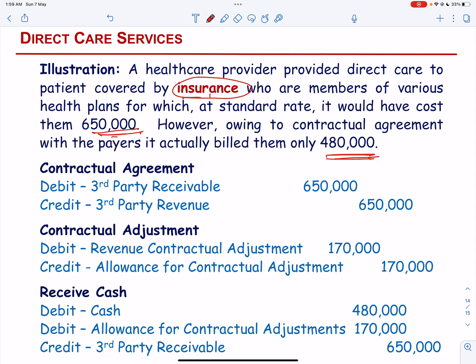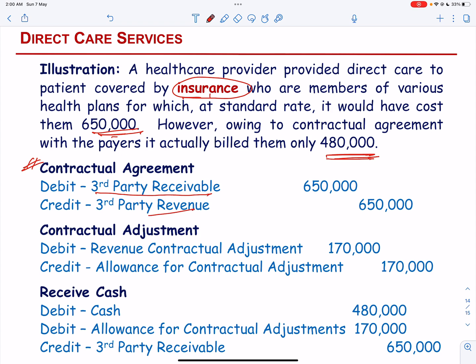And let us see how to record general transactions in case of contractual agreement. Remember that when it is a contractual agreement, we are going to record it at a gross. We have already talked about it. So to record the third party receivable or revenue, don't forget that this is a third party revenue and receivable, and this is not a patient revenue.